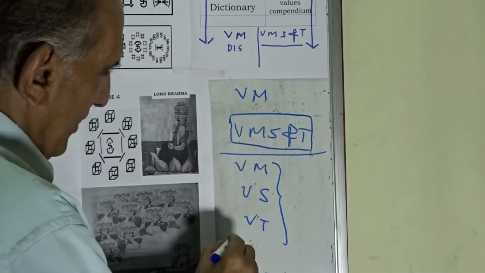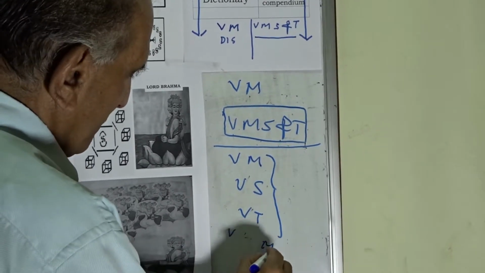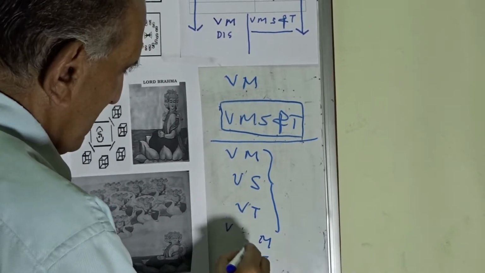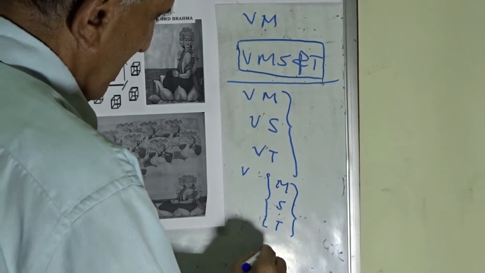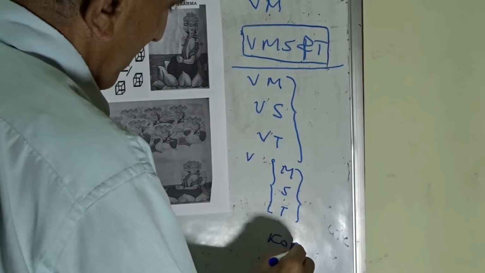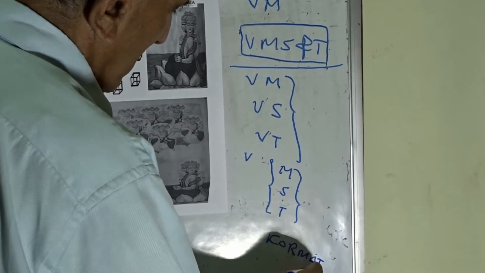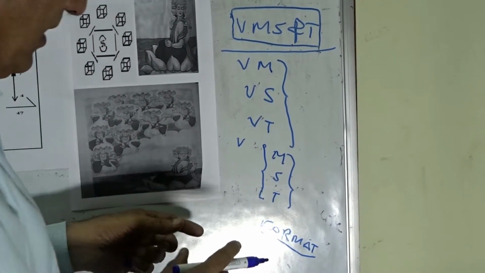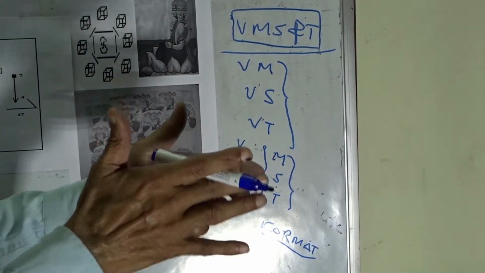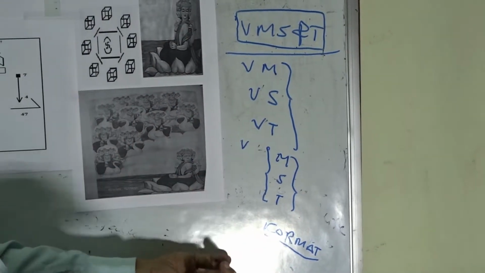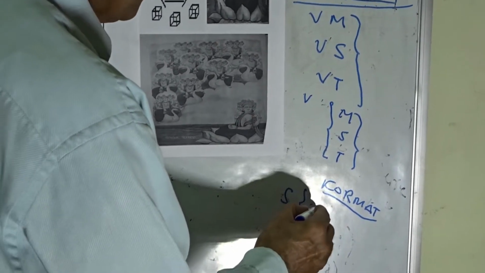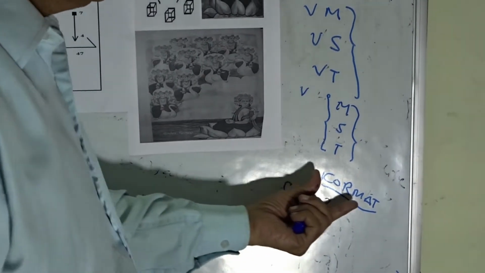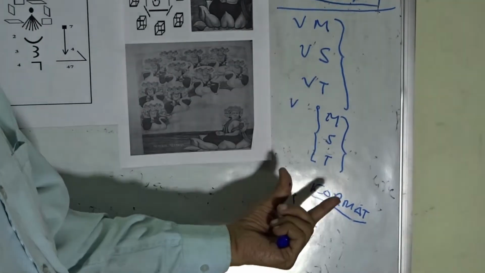When the values of mathematics, sciences and technologies are unified, then these lead to a format. It is this format where we are reaching. It is this format which will again lead to many formats. So it is a format of formats. It is like a set of sets.